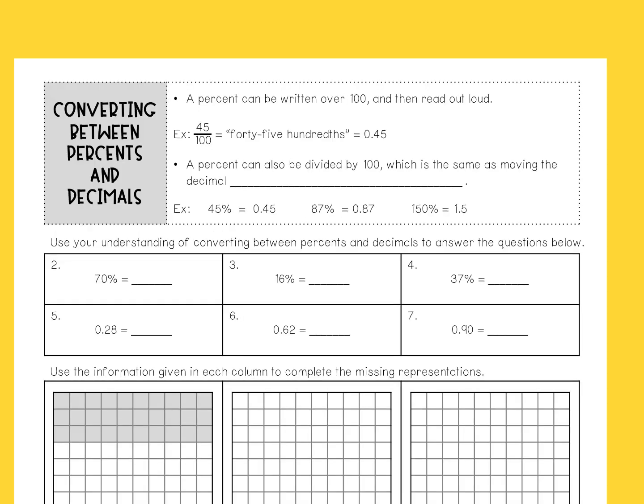And now we are going to be converting between percents and decimals. A percent can be written over 100 and then read aloud. So for example, 45 hundredths is equal to 0.45. A decimal can also be divided by 100, which is the same as moving the decimal 2 places to the left.